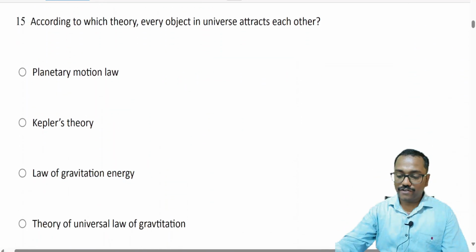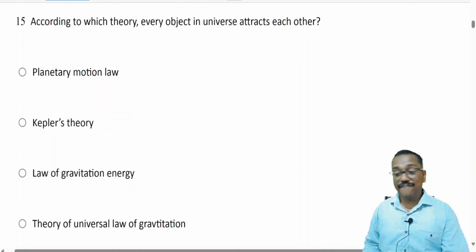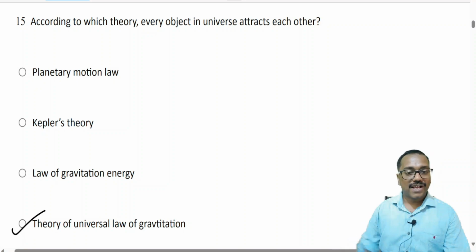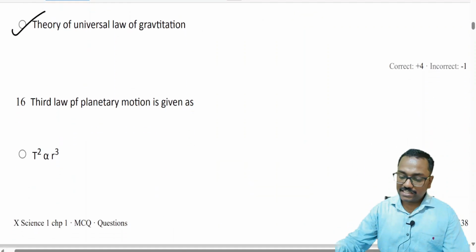Next, question number 15. According to which theory every object in universe attracts each other? Option 1, planetary motion law. Option 2, Kepler's theory. Option 3, law of gravitational energy. Option 4, theory of universal law of gravitation. So its answer is theory of universal law of gravitation. 16th question.